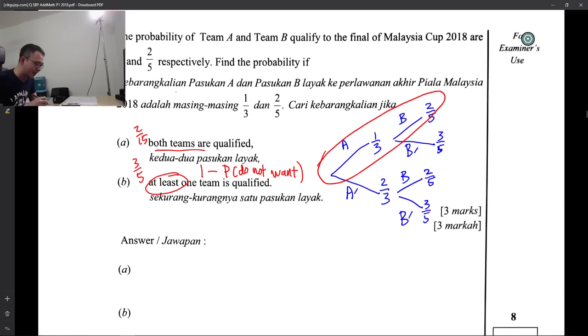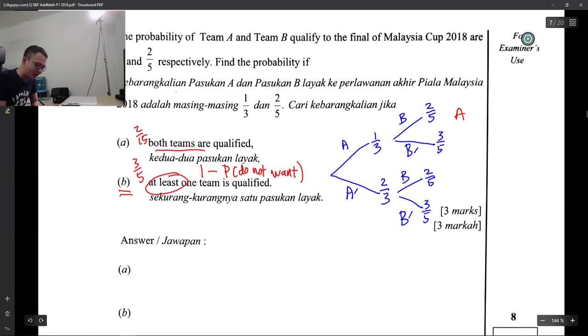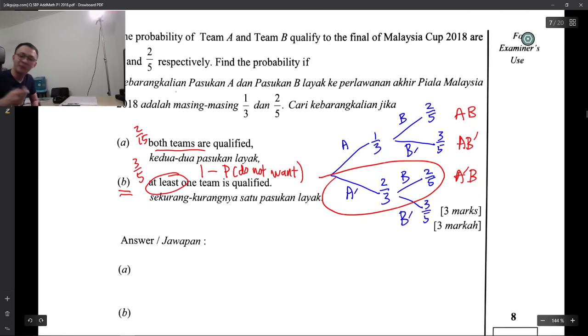Alright, then for part B, at least one team is qualified. If I do A and B, this one is at least one team qualified, right? This one both teams qualified. If I do this one, which is A and B prime, you realize A and B prime is also at least one team qualified, right? If I do this one, A prime and B, also team B qualified, right? At least one team qualified.